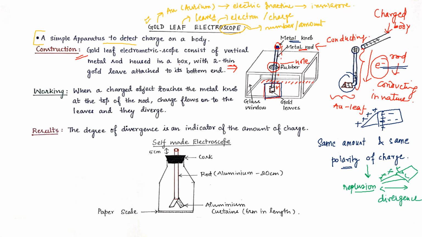Now come to the statement of working. When a charged object touches the metal knob at the top of the rod, charges flow onto the leaf and they diverge.